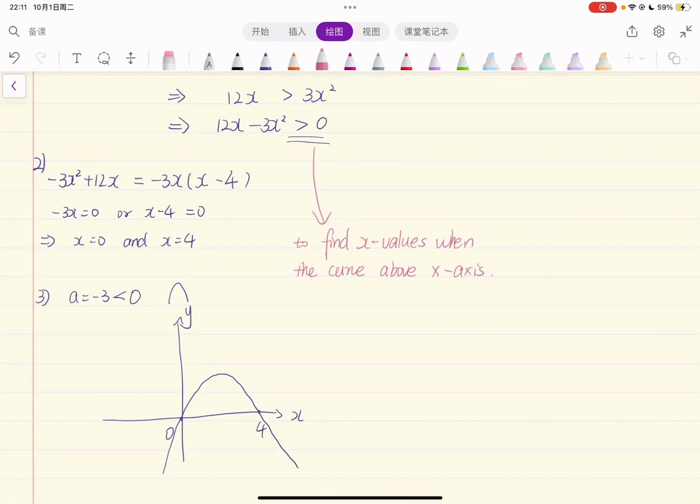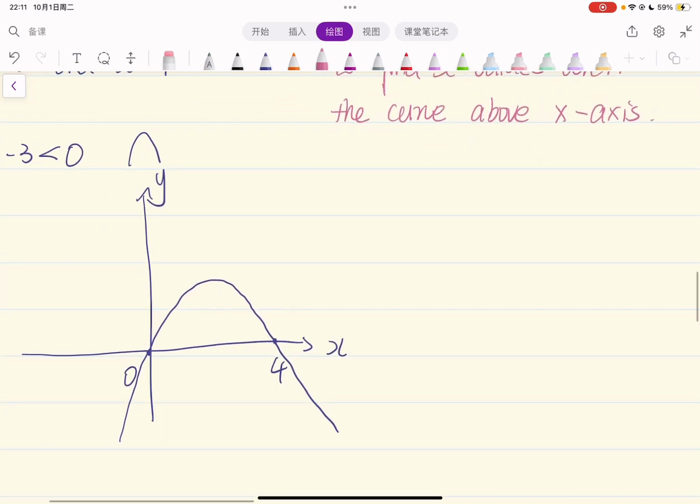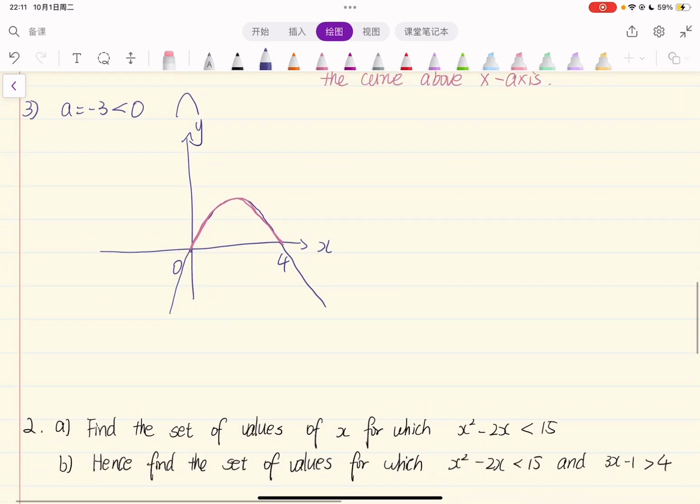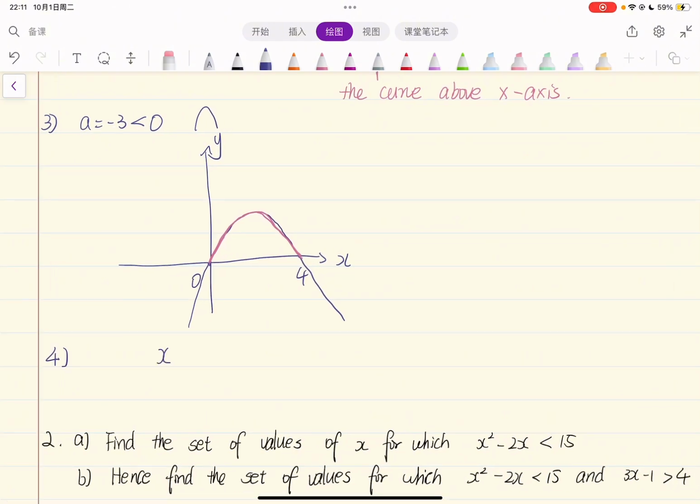Where the curve is above the x-axis, it's this part. That is step 4: it is when x is less than 4 and greater than 0.